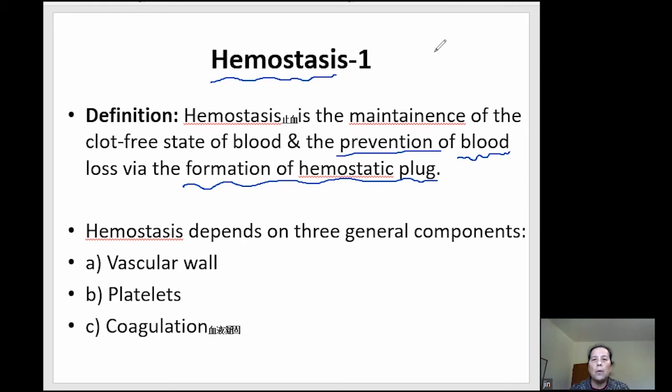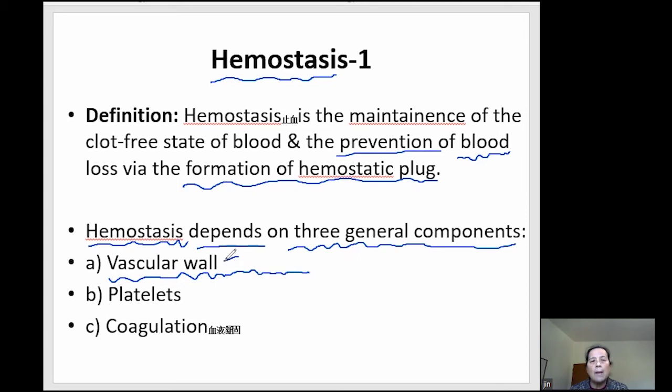So basically, what are the effects of hemostasis? We have three aspects that decide whether hemostasis happens. The first is the blood vessel wall. The blood vessel wall is basically connected, not damaged.